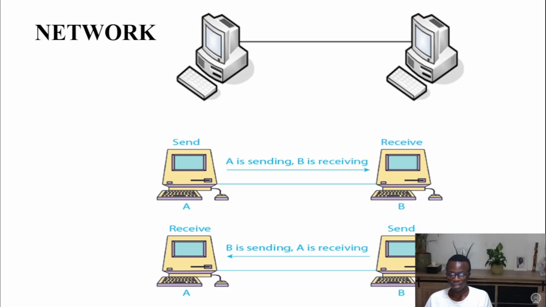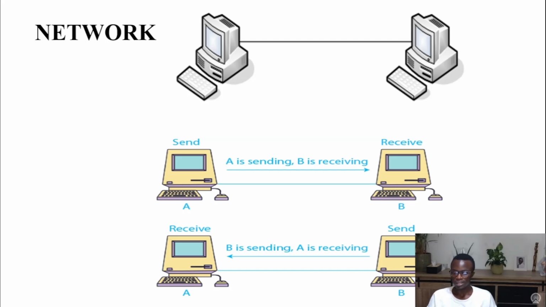Also computer B can respond and give feedback to computer A. That's why we have a network there, because both of them are communicating. So this is the short image and short explanation, which are clear and explain what we call a network.